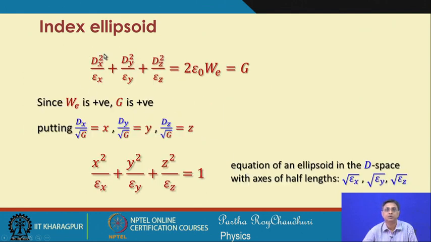So, this equation, that is dx square by epsilon x, dy square by epsilon y and so on is equal to g. If I again divide by g, then we can write that dx by g is equal to x.